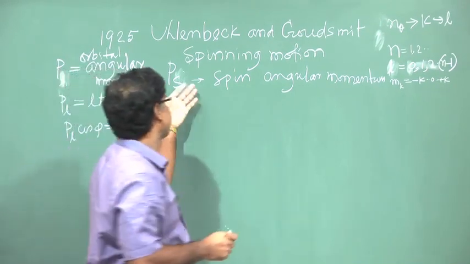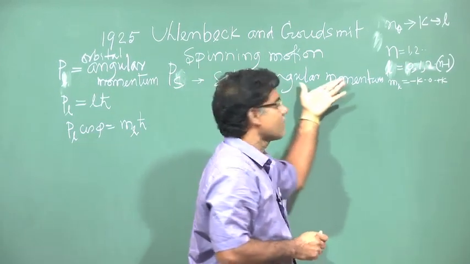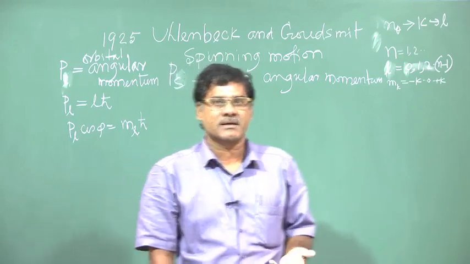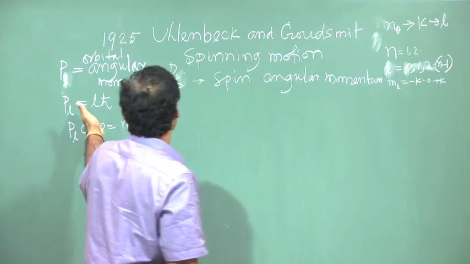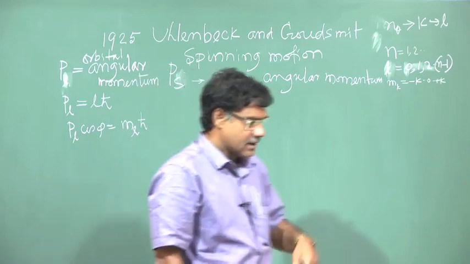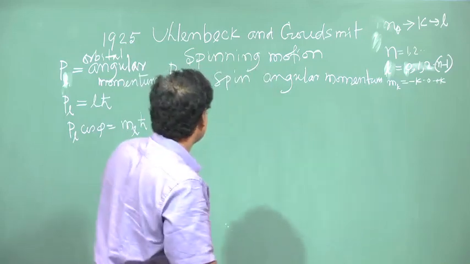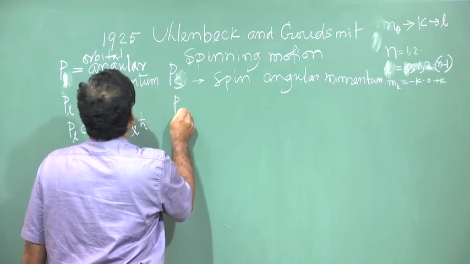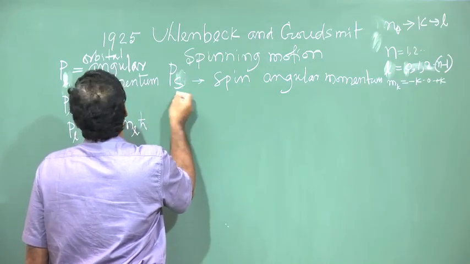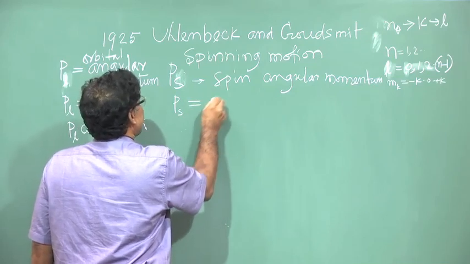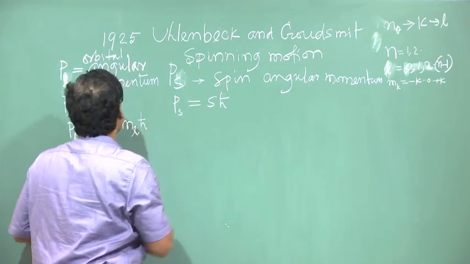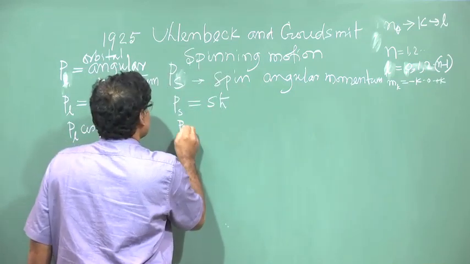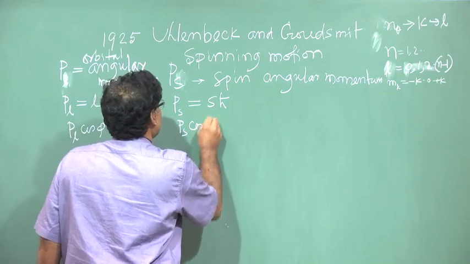Okay. Similarly, spin is also angular momentum. So, a similar concept applies here, the space quantization as well as the angular momentum quantization. In similarity, Ps is basically S h cross, and then Ps cos phi.